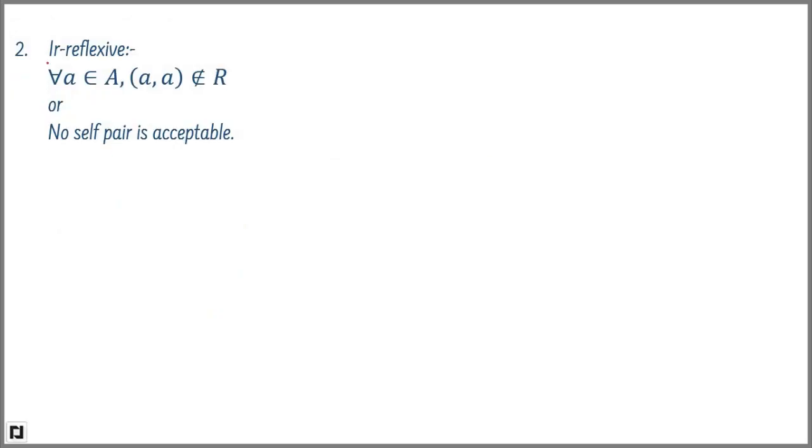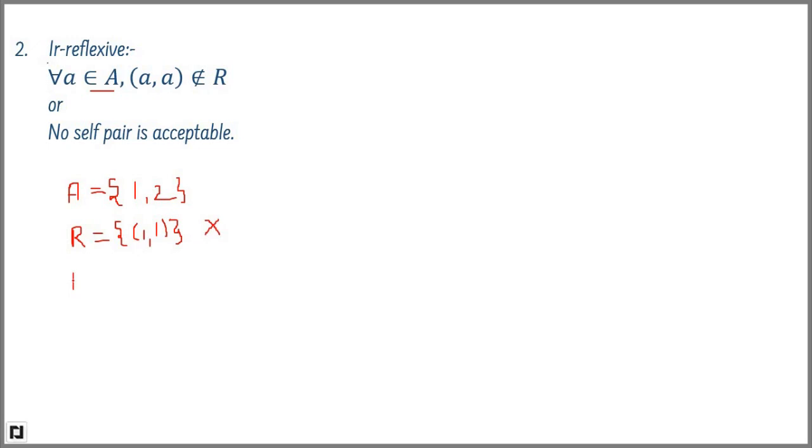Now our next property is irreflexive. It states that for all elements a which belong to the set A, (a, a) does not belong to the relation, or no self pair is acceptable in the relation. If we have a set A which contains elements 1, 2 and we have a relation R which contains a self pair (1,1), then this relation is not irreflexive.